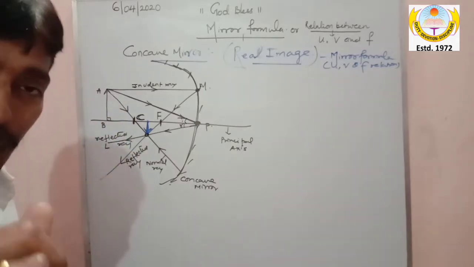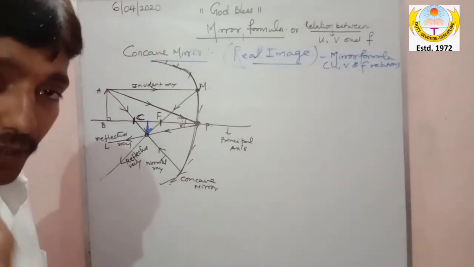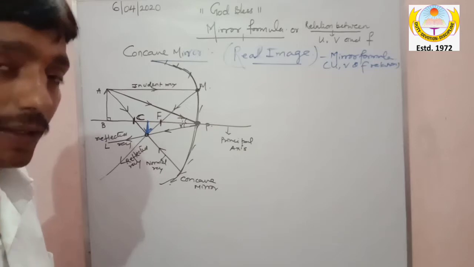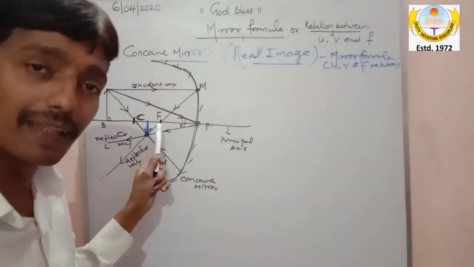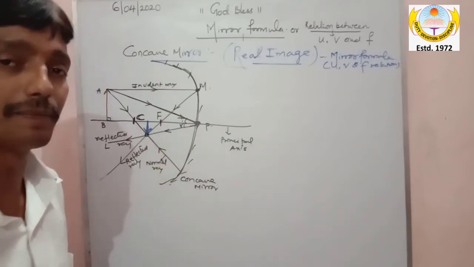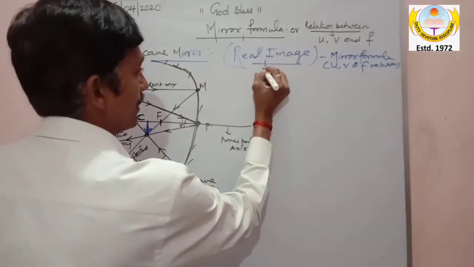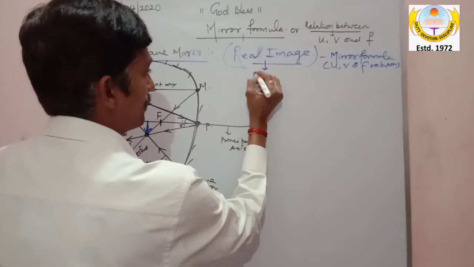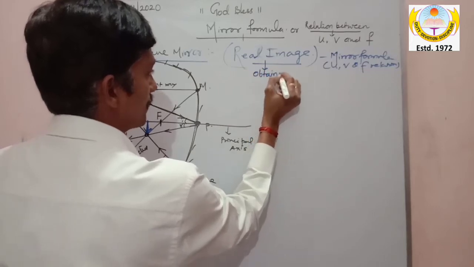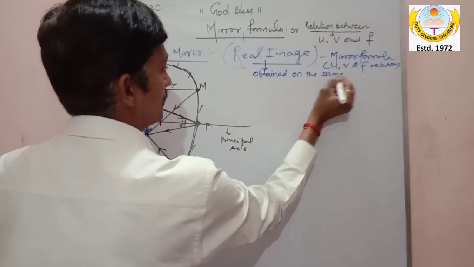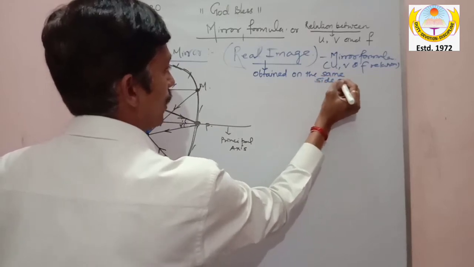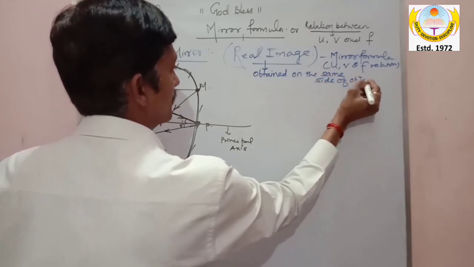And the second point is very important to note, everybody, right now: in a mirror, the real image is obtained on the same side of the object.